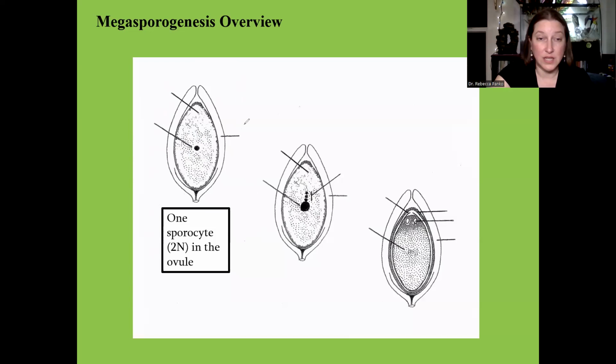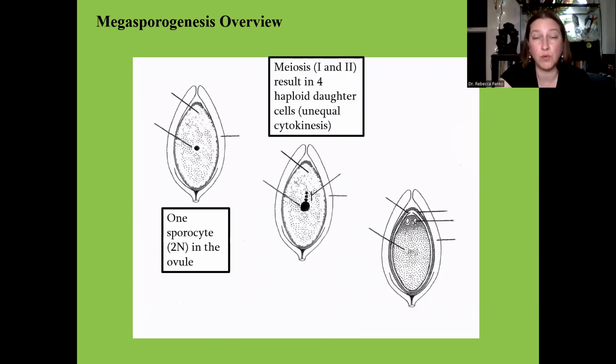Look at those, you can see the parts we already covered, right? This large thing inside here is the megasporangium. These layers on the outside are the integument. And the dot in the middle is a spore mother cell or a sporocyte, megasporocyte. That cell, because it's one cell, which is diploid, is going to go through the process of meiosis 1 and 2.